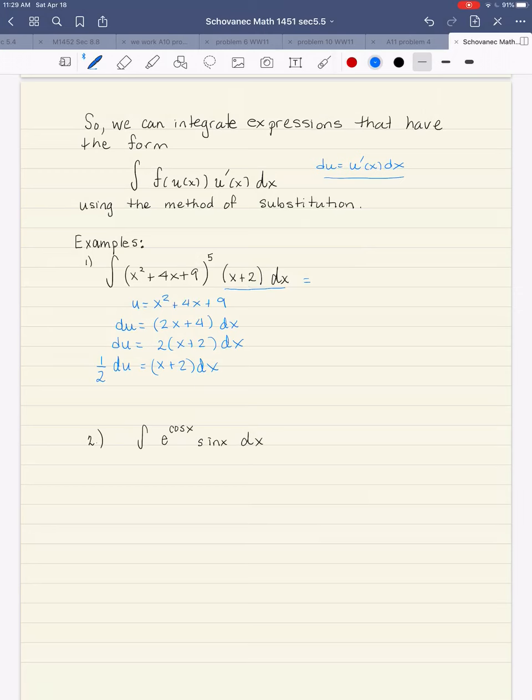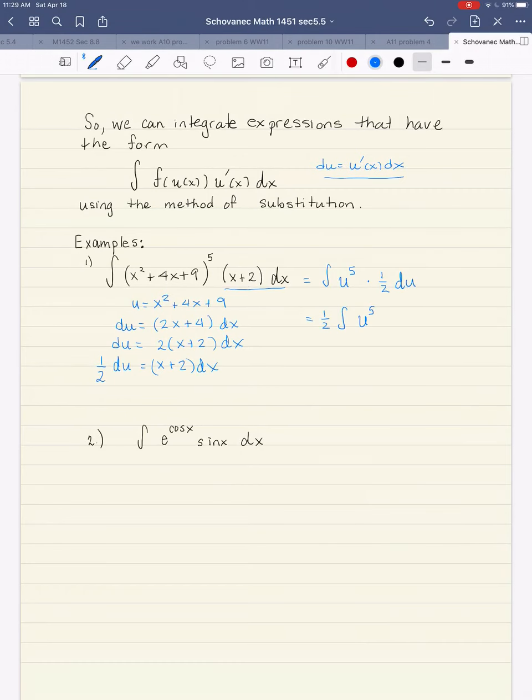And now I'm going to make these substitutions. The stuff inside the parentheses is what I called u. Then I've got the 5th power out here. And then the x plus 2 times dx is 1/2 times du.